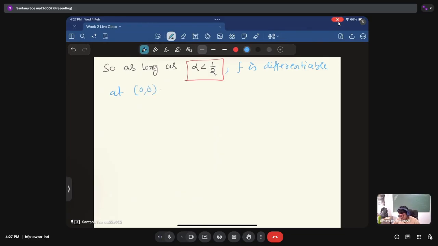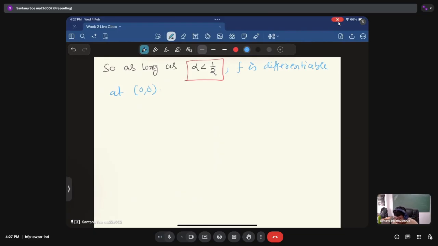So yeah, I hope this question is clear now. This is just simply using the basic definition of differentiability, the equivalent definition of differentiability at the point (0, 0). So we have solved two questions simultaneously.